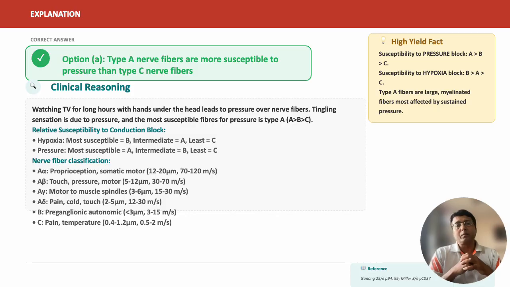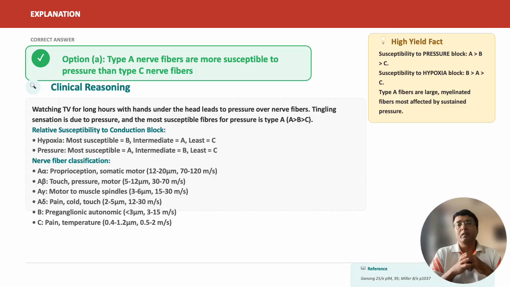So it is called the famous Erlanger and Gasser classification. It has been classified into A, B and C. And fiber A is further subclassified into A alpha, A beta, A gamma and A delta.